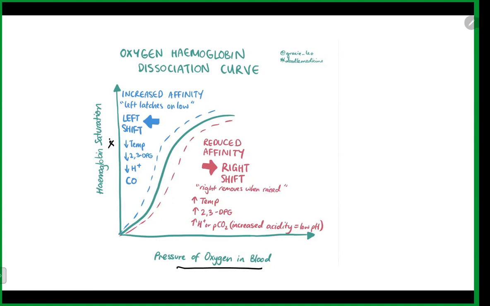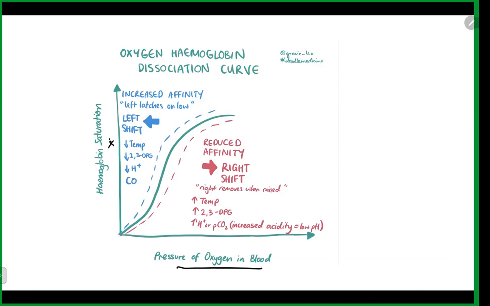When carbon dioxide comes inside, there is going to be more carbon dioxide present. So when there is more carbon dioxide or more hydrogen ion, what happens to the oxygen? It dissociates.